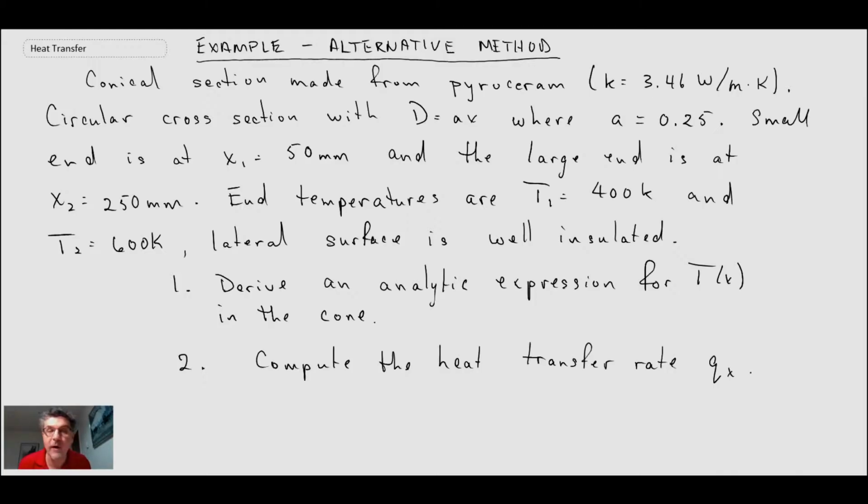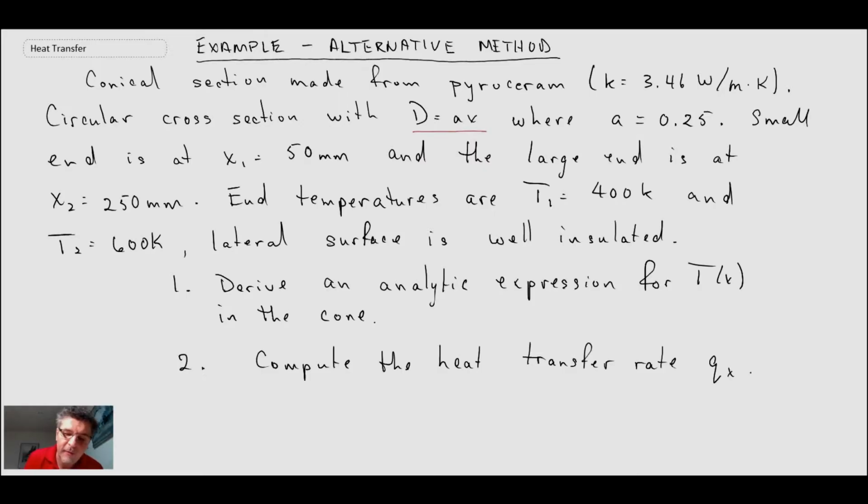We have a conical section, which is very similar to what we looked at in the last segment. We're told the thermal conductivity. We're given information about the diameter, and recall we needed to know the area as a function of position. So knowing the diameter, we can get the area.